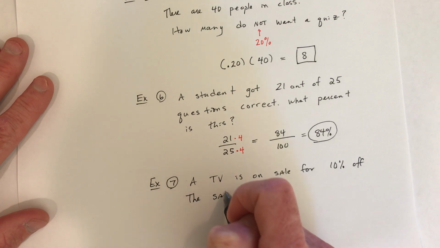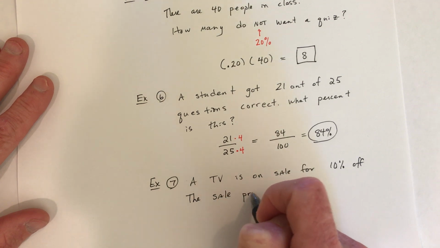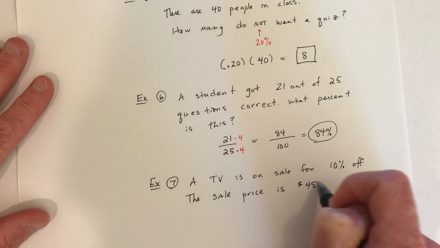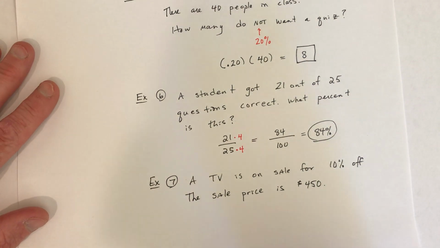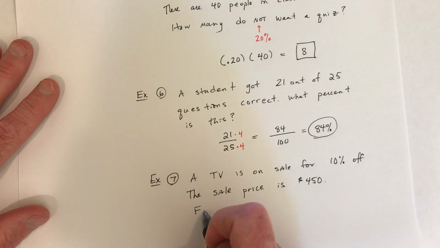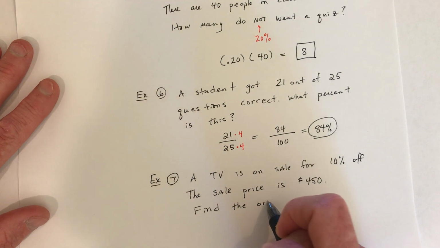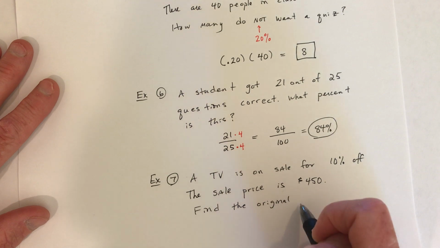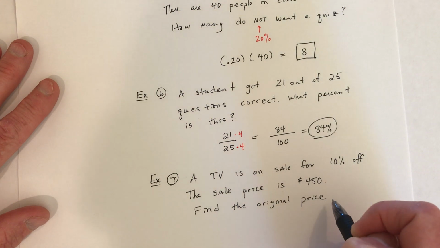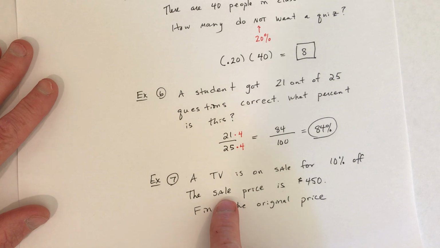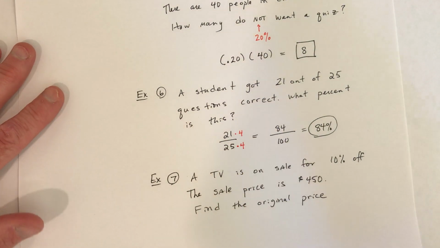And the sale price is $450. So then find the original price. So this sounds like the first one with the pair of shoes, but with the shoes you were finding the sale price. With this one, you're given the sale price.